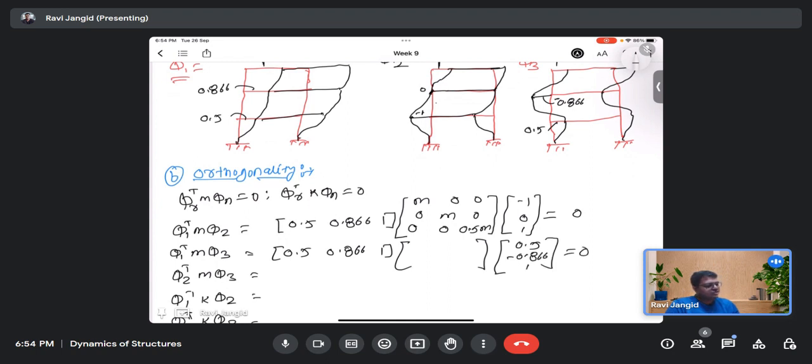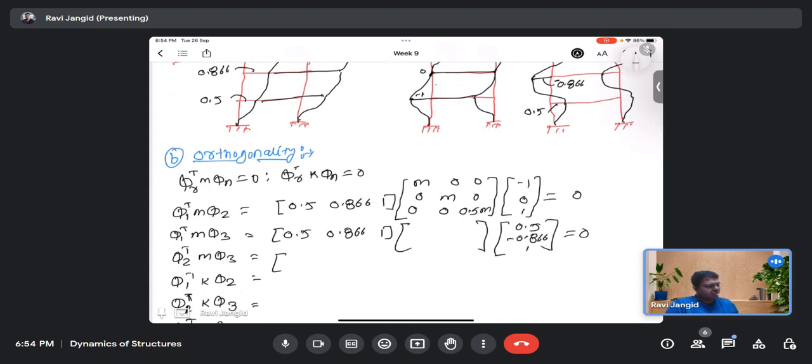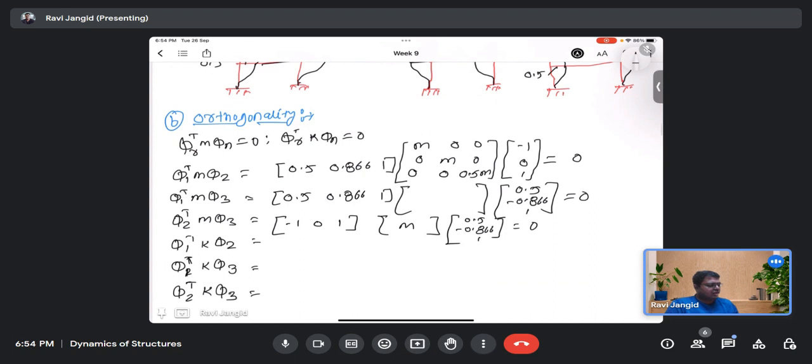That will come out to be 0. Similarly, you can do this with minus 1, 0, 1, the same mass matrix, and phi 3, which is 0.5, 0.866, 1. Perfect. Similarly, you can do it for all of them.